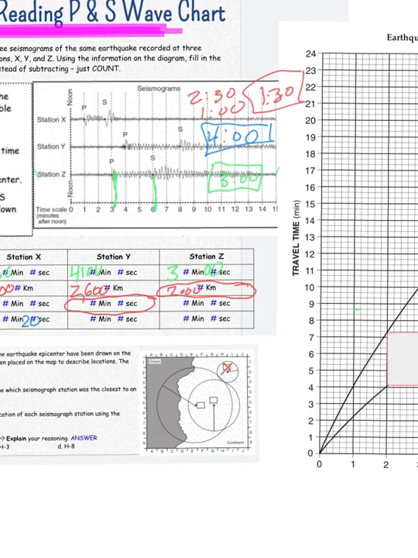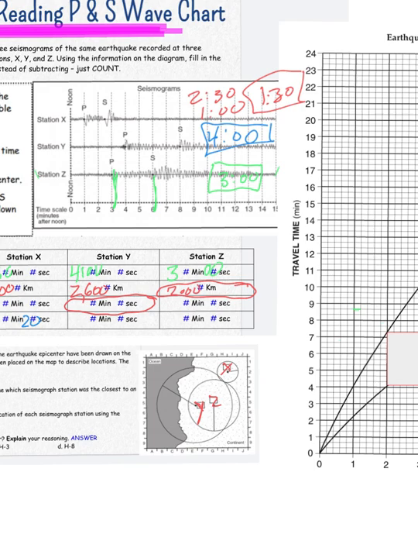This circle here is the middle circle, so this should be station Z. And this should be station Y. Sorry about that.